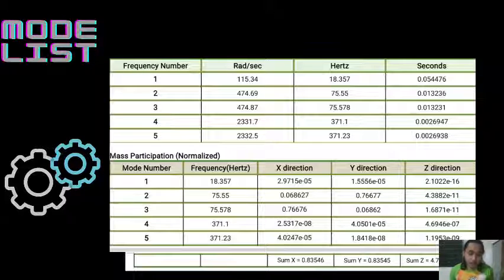Again, the sum of the displacement along the y direction during modes 1 to 5 is 0.83545 millimeters. And the sum of the displacement along the z direction is 4.7071 times 10 to the power of negative 7 millimeters.